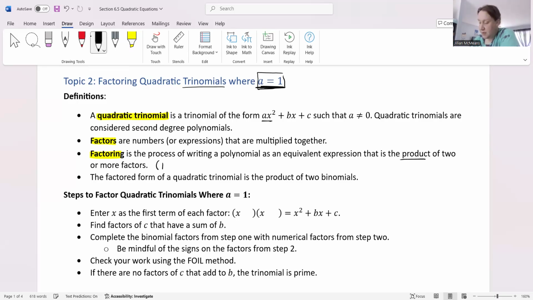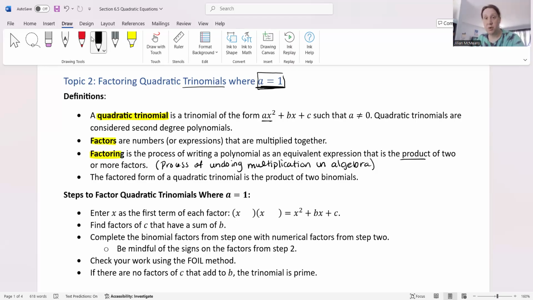So this is basically the process of undoing multiplication in algebra. All right. So quite literally, this is sort of like an algebraic form of division, okay?